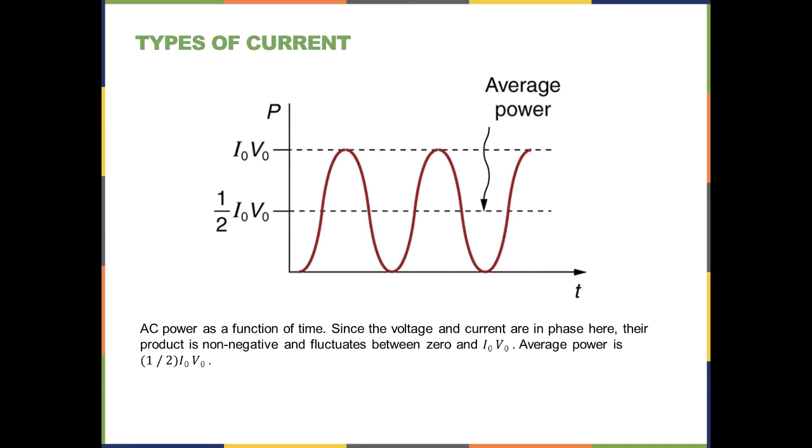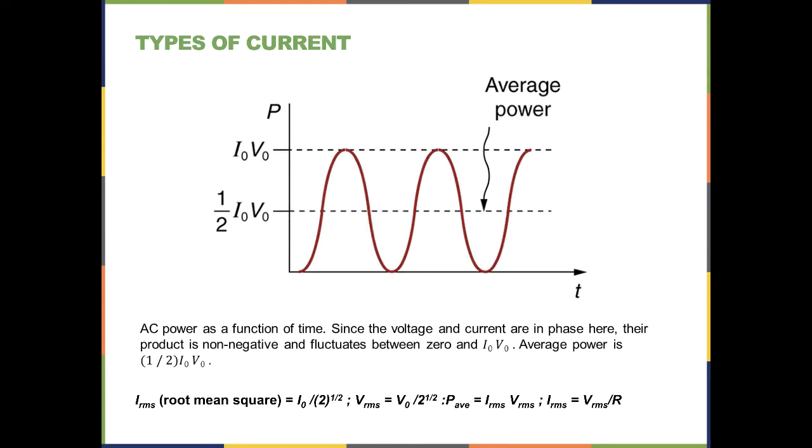And since both the voltage and the current are in phase, the product is never negative, and it fluctuates between 0 and a maximum of I0 V0. And the average is halfway between the two.